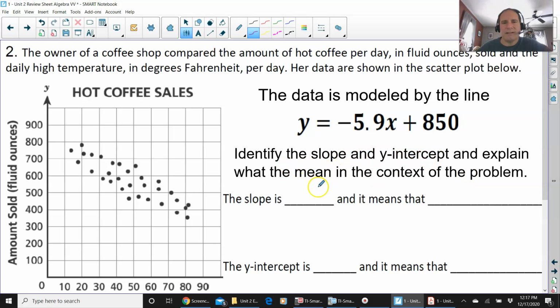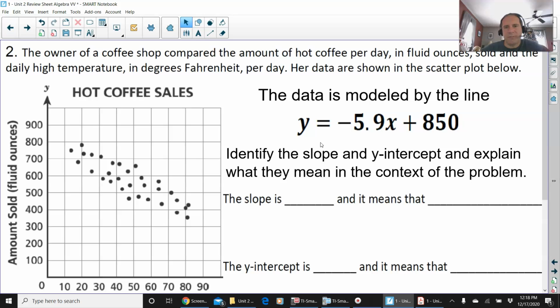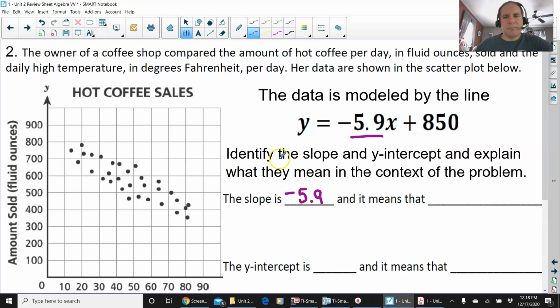Identify the slope and the y-intercept and explain what they mean in the context of the problem. So the slope is the number that is before the x. This is called the coefficient, and that is the slope. What does it mean in this context?